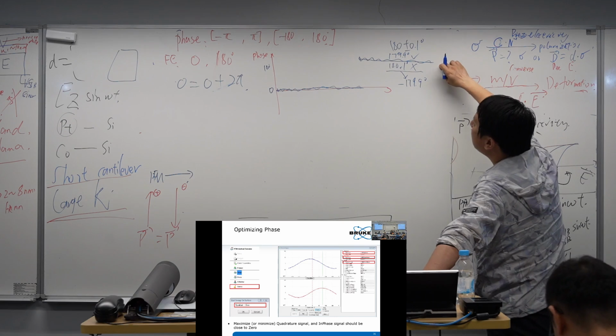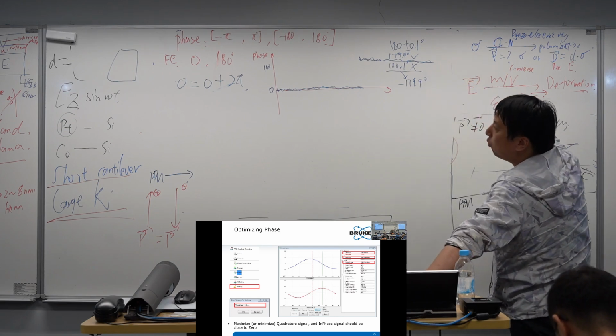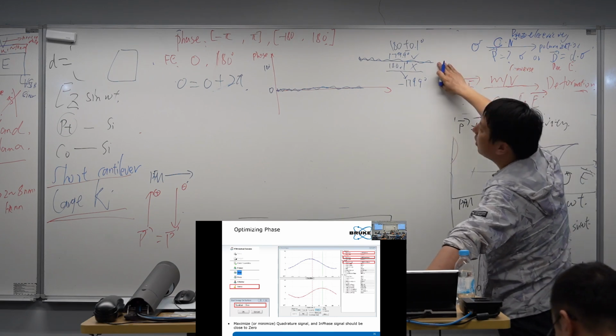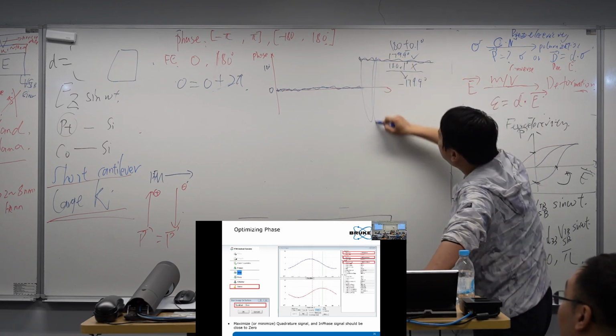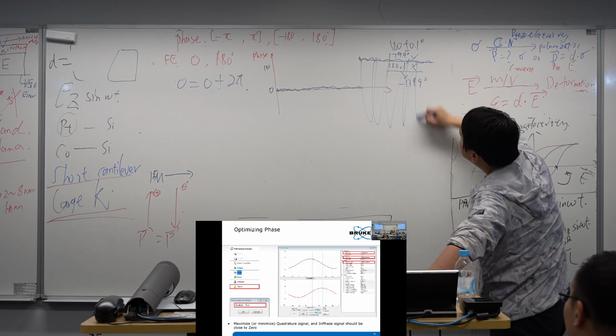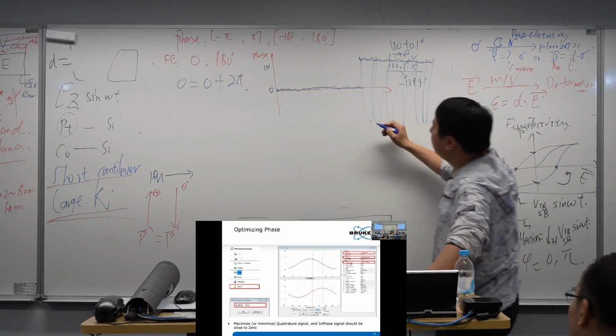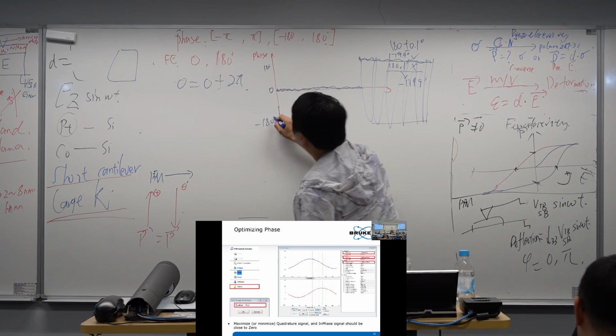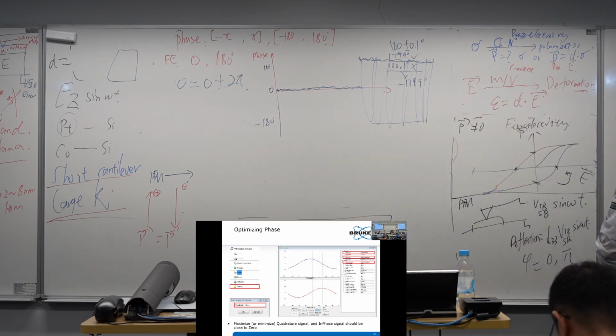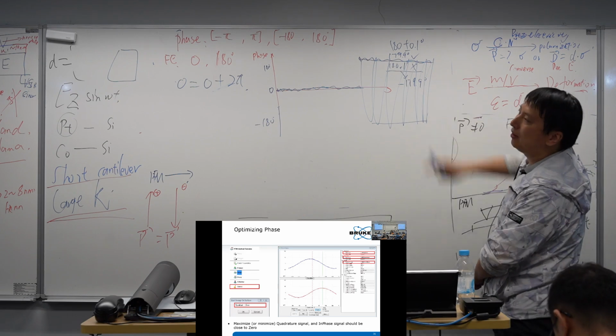So this signal, we imagine the signal to be something like this, but the real signal will be, right? The real signal should be something like this.